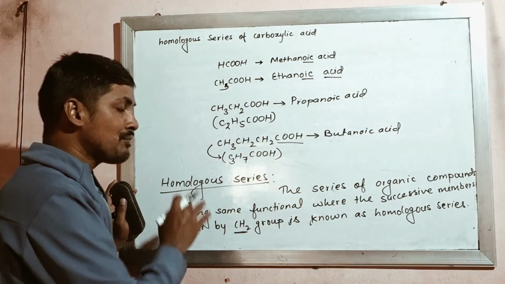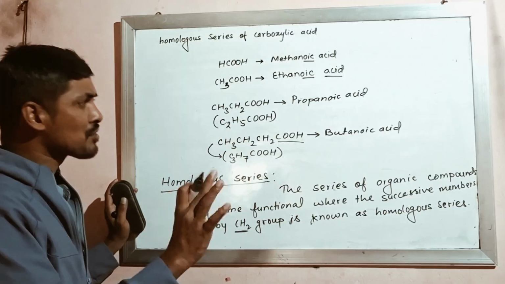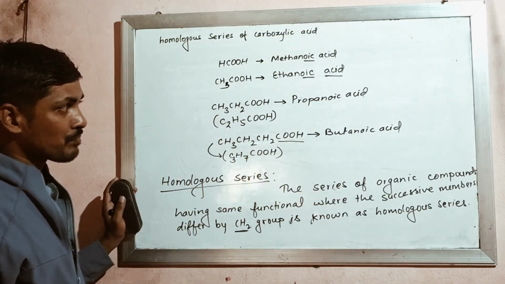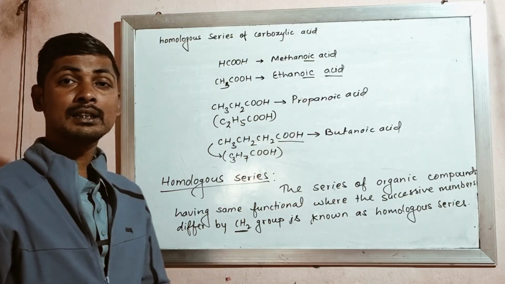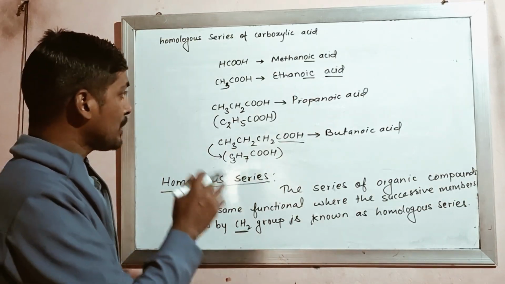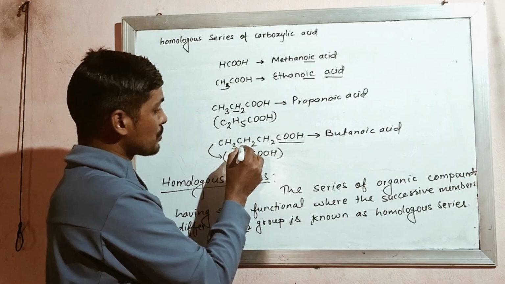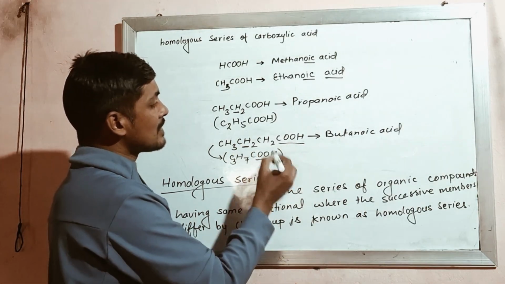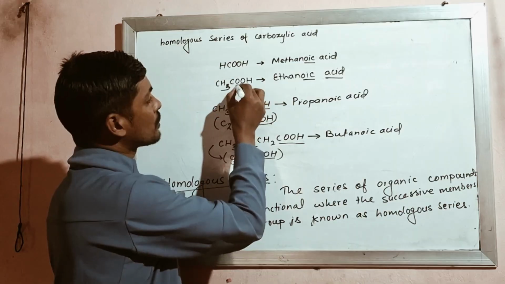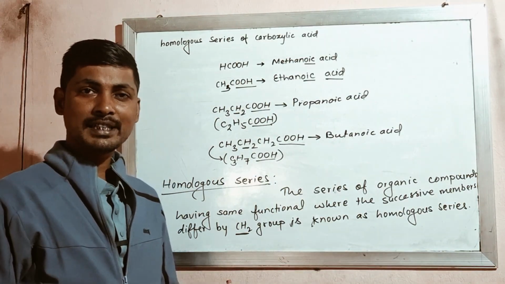Hexanoic acid, C5H11COOH, and so on. In this way, we can remember the homologous series. In every homologous series, the successive members differ by CH2 group, but everywhere there is the same functional group. Okay, so this is about the homologous series.